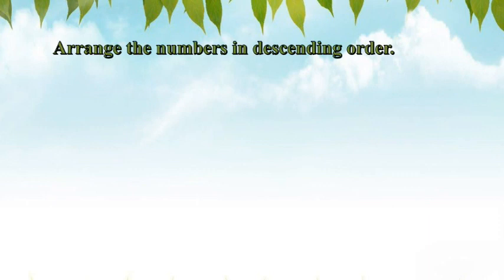Okay, now this is your last activity. Arrange the numbers in descending order. Who can tell me the meaning of descending? Yes, descending means we have to arrange the numbers in largest to smallest, right?